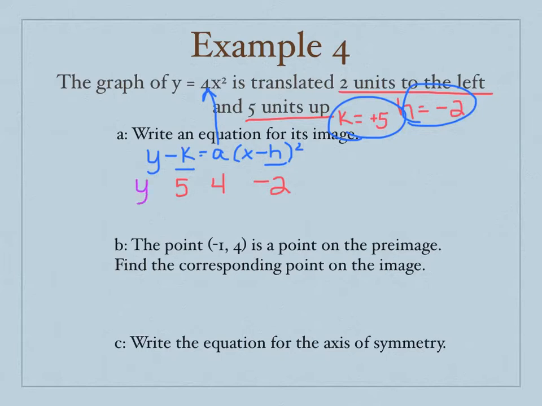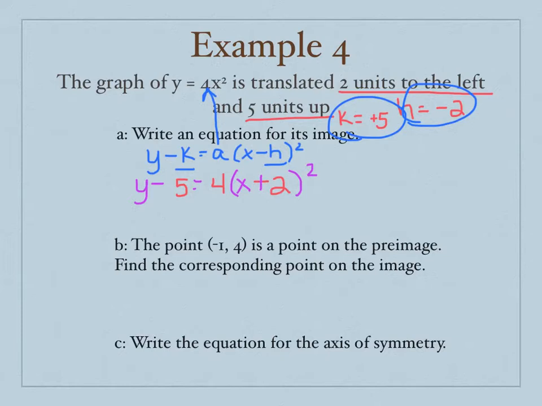So I have y minus k, so y minus 5, equals 4 parentheses. Now here I'm supposed to do x minus, but I already have a negative 2 there. So x minus negative 2 is going to end up looking like x plus 2 squared. And there's your equation: y minus 5 equals 4 times (x plus 2) squared.